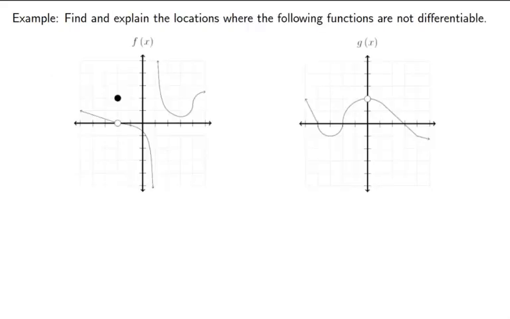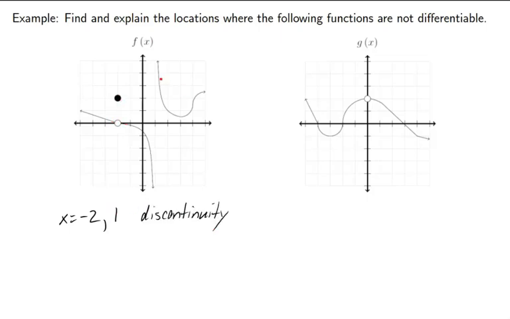Let's put this together. Find all the locations where the function's not differentiable. I'm just looking down this function for sharp turns, vertical tangent lines, and discontinuities. X equals negative 2 is definitely a discontinuity. But there's another one also. At 1, there's an infinite discontinuity, which by the way at negative 2 is removable.